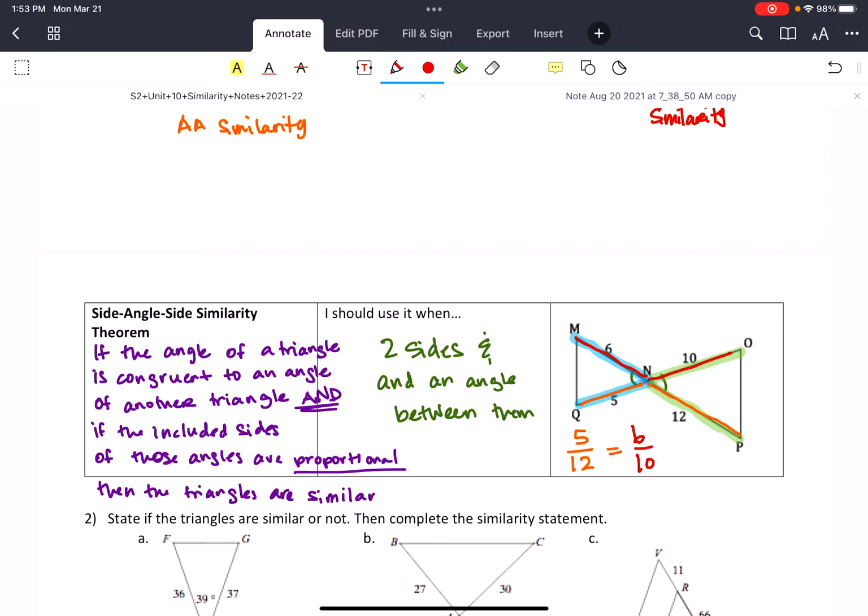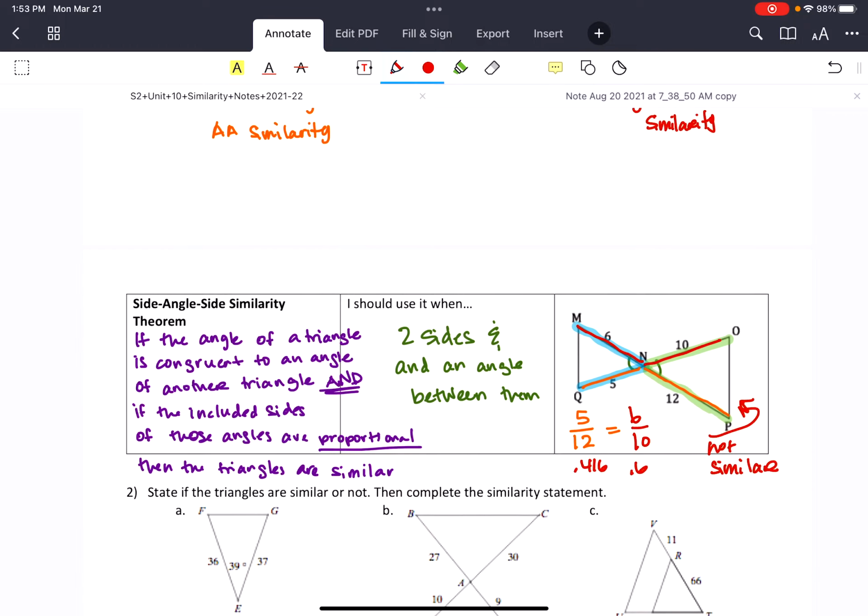Pull out my calculator really fast. Hey, that gave us 0.416, and this is 0.6. Oh, this triangle right here is actually not similar. That's kind of interesting.